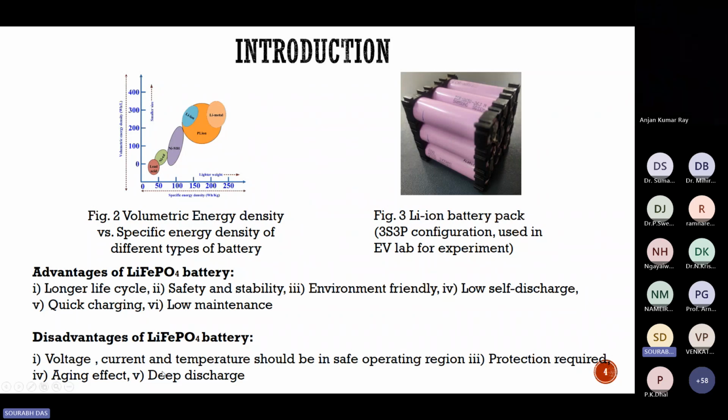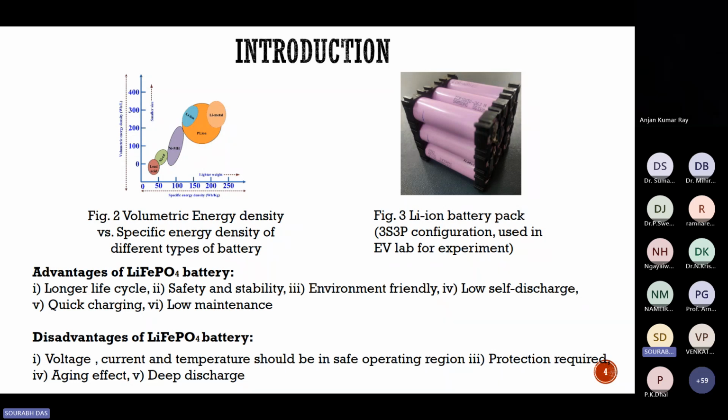So, what are the disadvantages of the lithium-ion battery? So, voltage, current, and temperature should be in the safe operating region. Means if we overcharge or over discharge the battery, or if we charge the battery beyond its C rate.